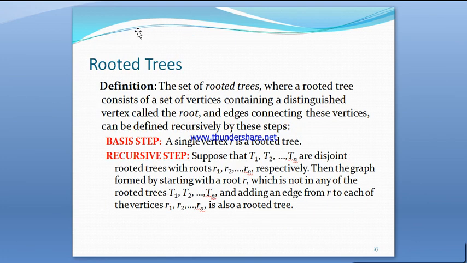Now let us consider one of the most important applications in graph theory that we define recursively: rooted trees. To define a rooted tree recursively, we specify in the basic step a single vertex R as a rooted tree.